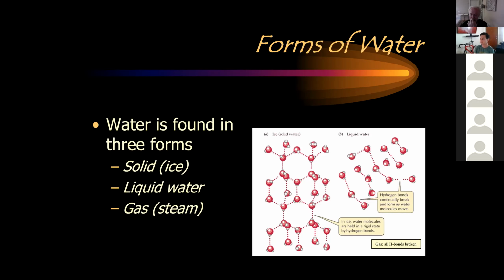In the case of ice, where they're all hydrogen bonded, they don't move at all. They're stationary. They make a lattice. In the case of water, some are moving and some aren't. In the case of gas, they're all dancing around. Okay, everybody clear on the different forms of water and how hydrogen bonding determines them?